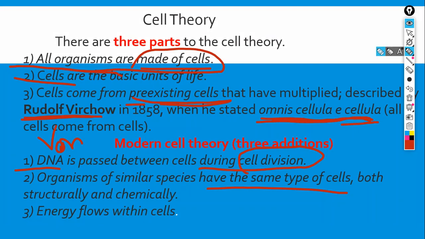Because I am a human, every other human, those of you watching this video, will have the same type of cells, both structurally and what? Chemically. And then energy flows within the cells.